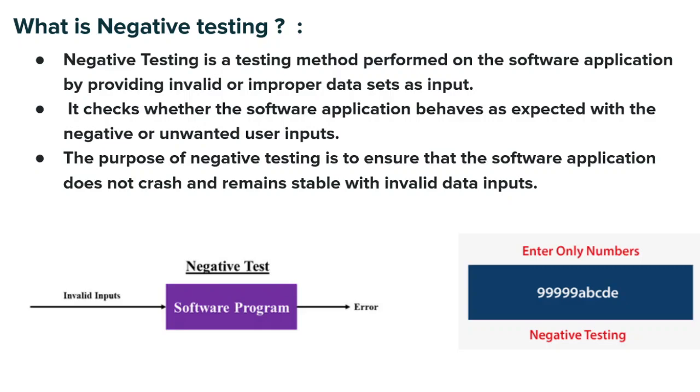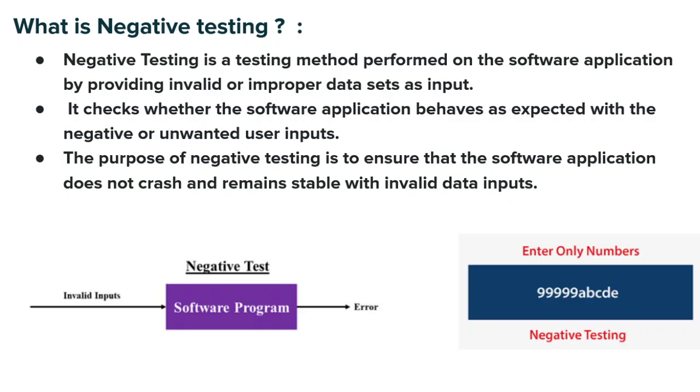So we always verify the positive ways. What is given in the requirement, that functionality should obviously work in a correct manner. But apart from that, we cannot control the user actions. The user can do anything, but we can handle the incorrect inputs in our application.